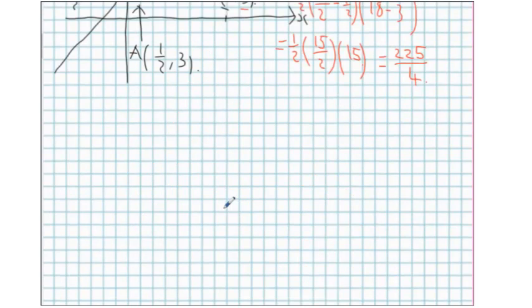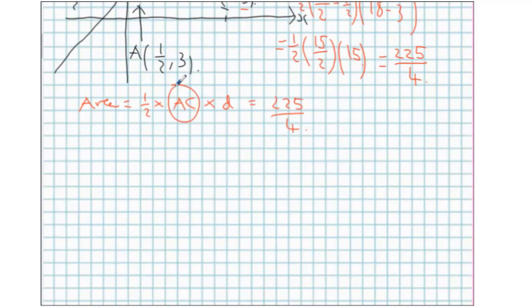So we could also say area equals a half times AC times D. And we know that equals 225 over 4.